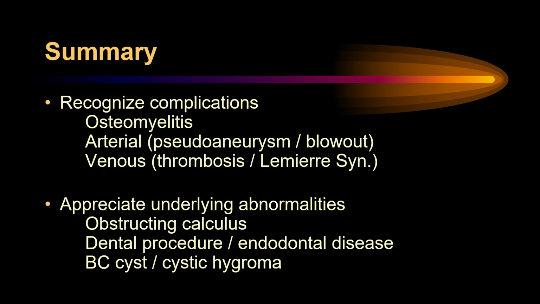Use those bone windows if you want to pick up osteomyelitis. Obviously, you want to look pretty darn carefully at carotid and venous structures. And then appreciate underlying abnormalities that may predispose to infection, like an obstructing calculus, dental procedure, endodontal disease, which is rampant in the ED, congenital lesions, like a branchial cleft cyst or a cystic hygroma.